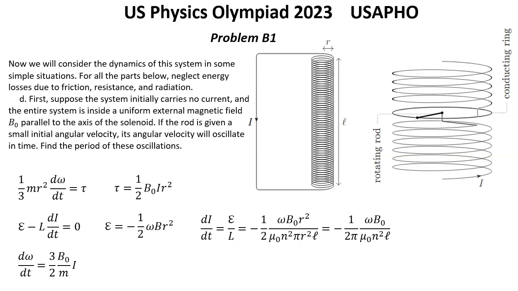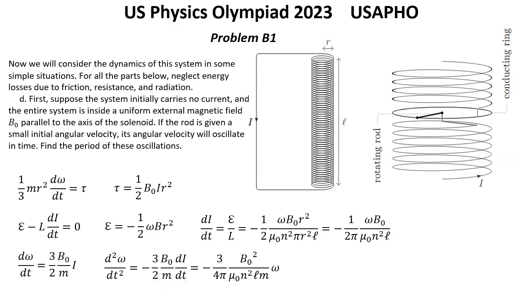And now we can take the first derivative by time from this expression, and using the expression for delta I over delta t, we have the second derivative by time of omega equal to this expression or this expression.